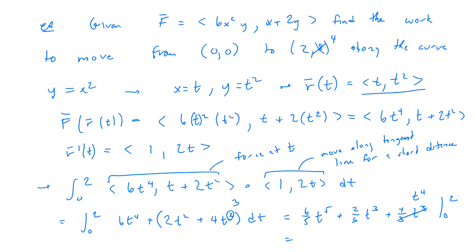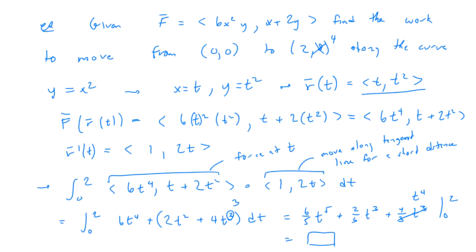I get some number. In my notes, I had it x cubed, so I'm getting a different number, but you're getting whatever 6 times 32 over 5 plus 16 over 3 plus 16 is, so whatever the number is. And that would, in this case, be the work. Here I don't start with units, so you can't tell me what the units are, but you could: joules or foot-pounds, like we did in chapter 1.